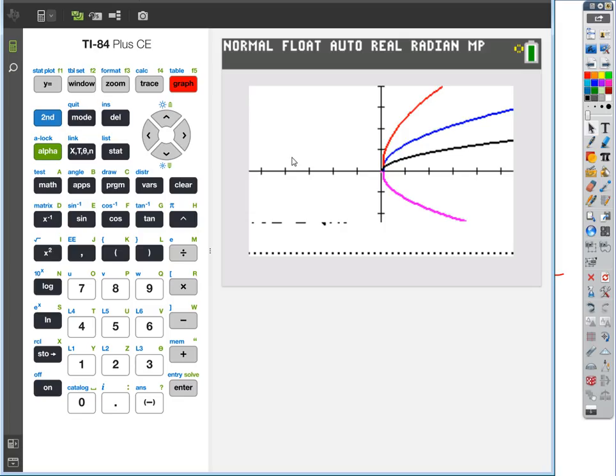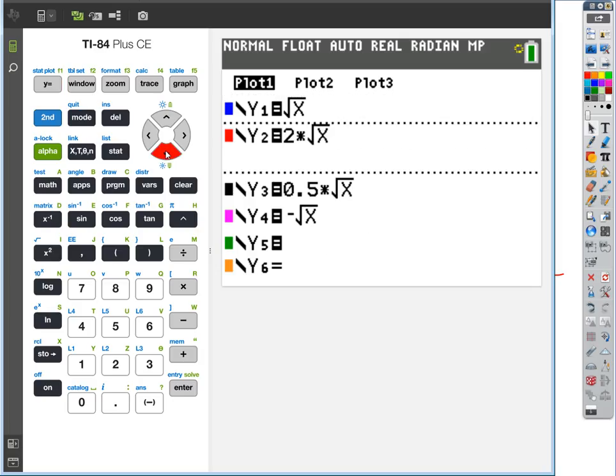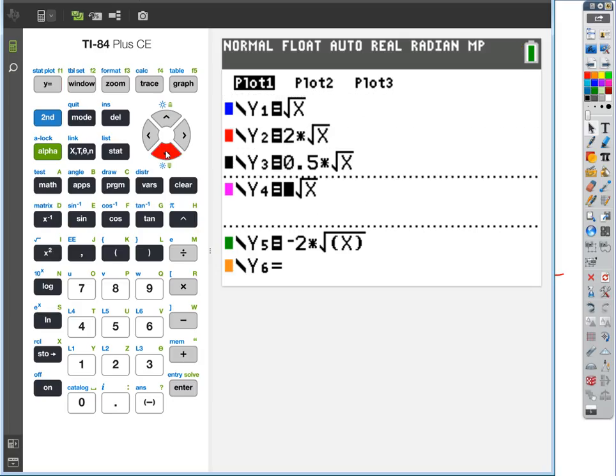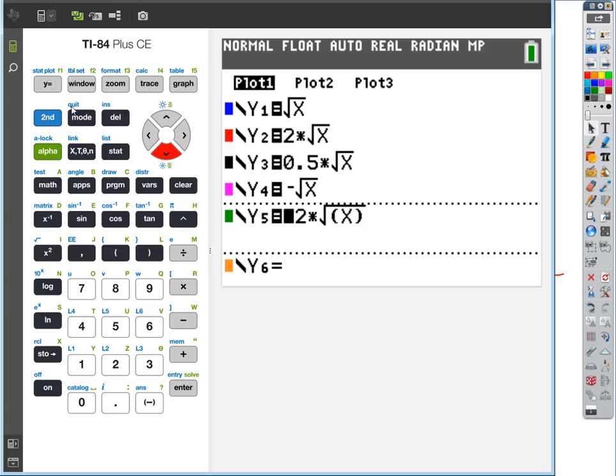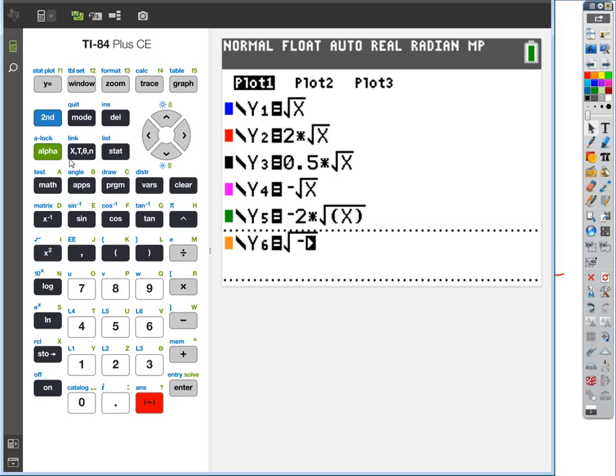So all I'm going to do then is go the square root of negative x.